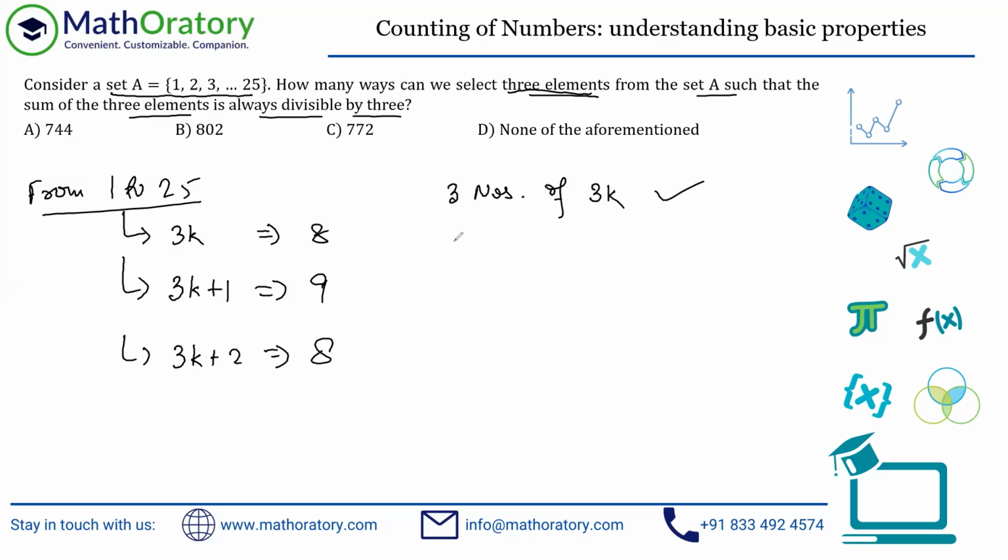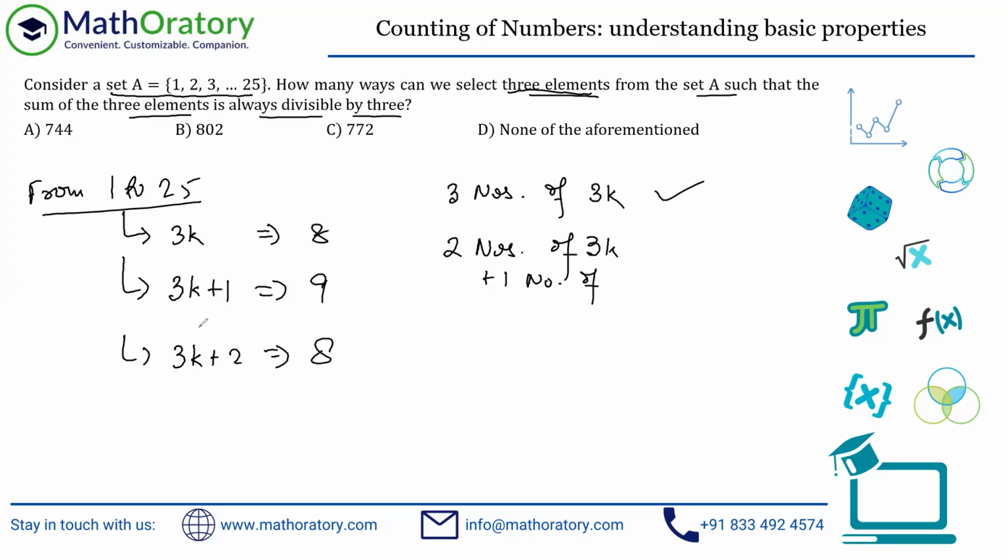Now, if I consider 2 numbers of the type 3K, then I have to take one more number of either of these 2 types, right? This should naturally occur to you. These 2 numbers of 3K type, when added, give us a multiple of 3 themselves. So 3K plus 3K. Now if you add a 3K plus 1 or a 3K plus 2, it really doesn't matter.